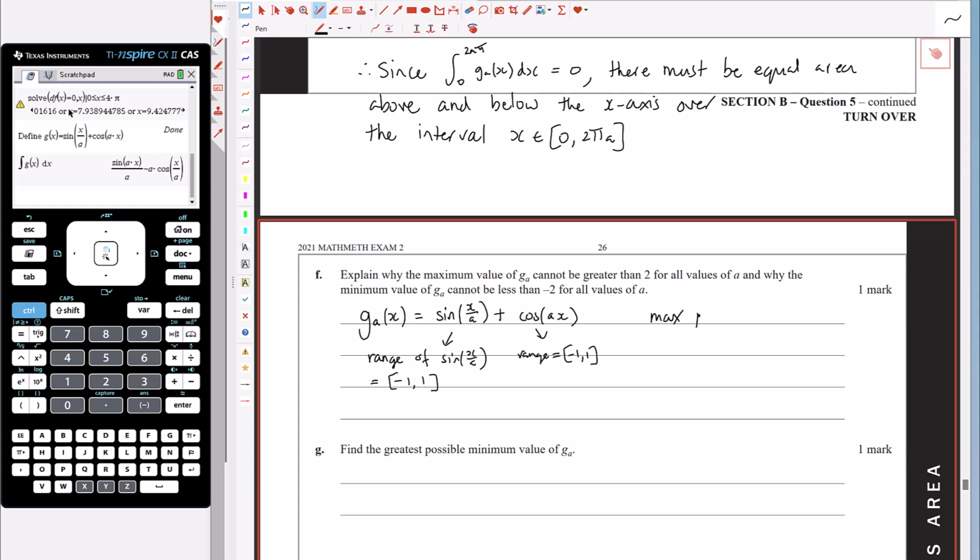So max possible value of GA is the sum of, I feel like I need to call these two separate functions something different. Let me think about how I'm going to say this.